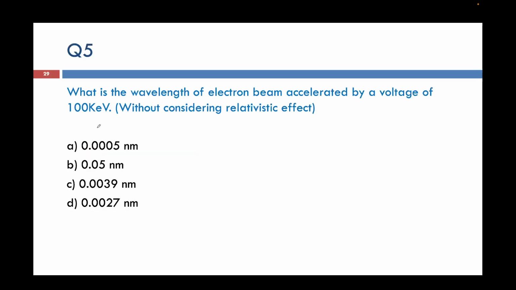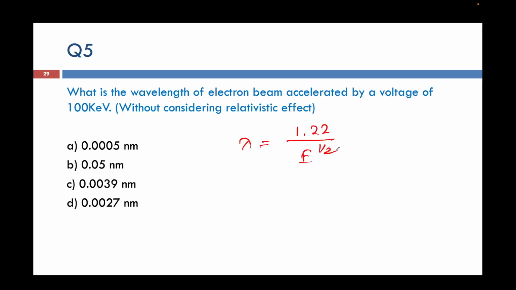Okay, and then question number 5, this is a numerical question. What is the wavelength of the electron beam accelerated by a voltage of 100 kilo electron volt without considering the relativistic effect? The wavelength is associated with energy in electron volt by the formula 1.22 divided by E to the power half.